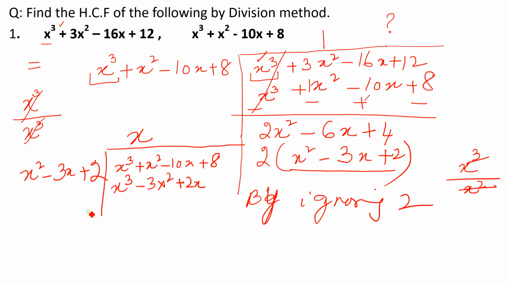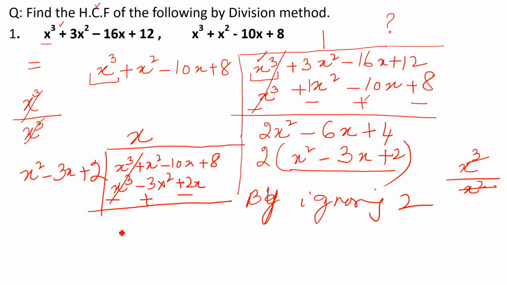What is the third step? Actually, what we are going to do, we are finding out the HCF by division method. And you have to do your question until or unless you will get 0. Right? We can stop here if it is simply division. But this is HCF. In HCF, you have to do your question until or unless you will get 0.